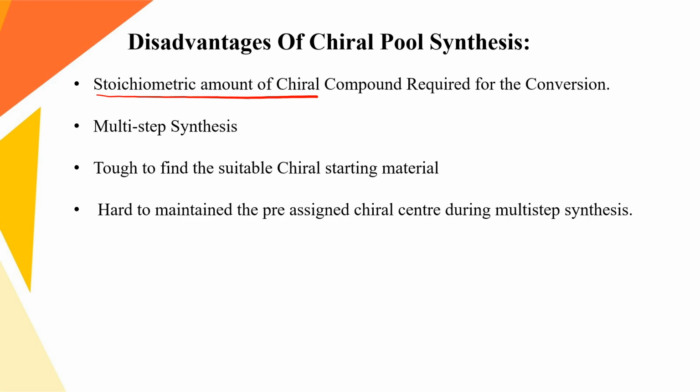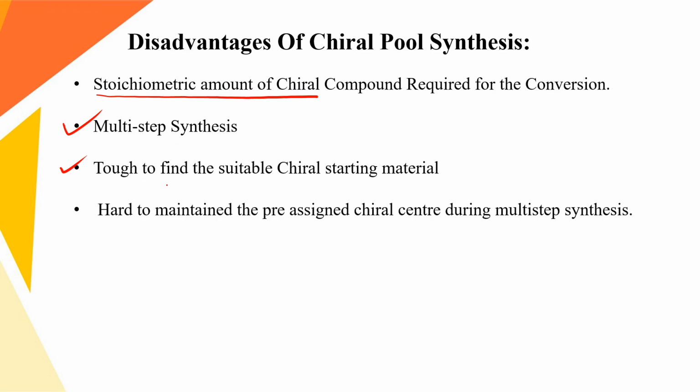Obviously in the initial stages of asymmetric synthesis, they used this particular pathway, but this is not a scalable pathway. Another problem is that this is a multi-step synthesis, so you have to think a lot to do this type of functional group interconversion, and it is also tough to find suitable chiral starting materials, because among naturally occurring chiral compounds, the available ones are limited, like amino acids, sugars and some others.